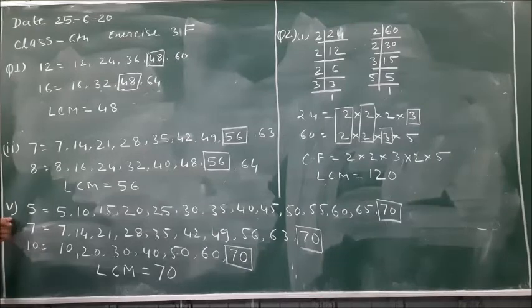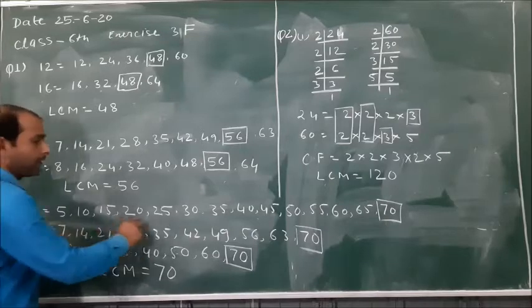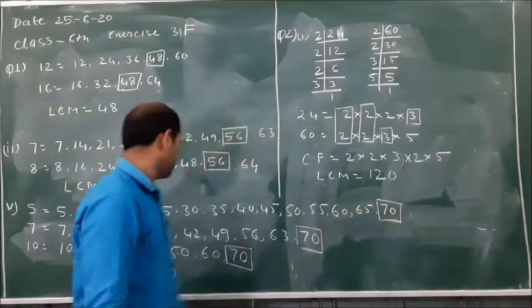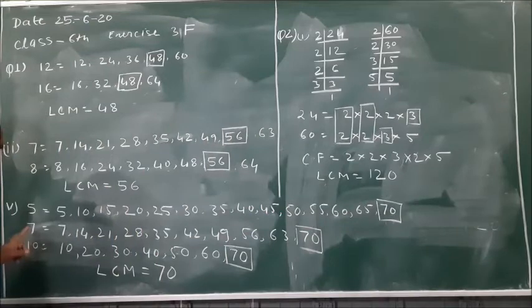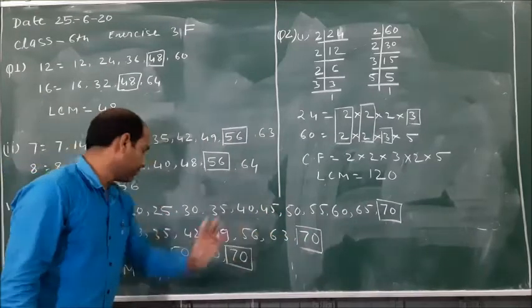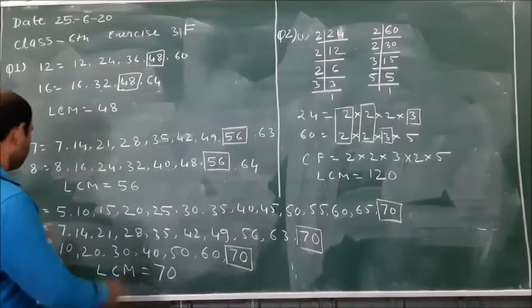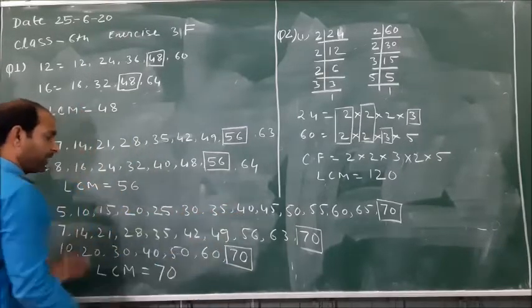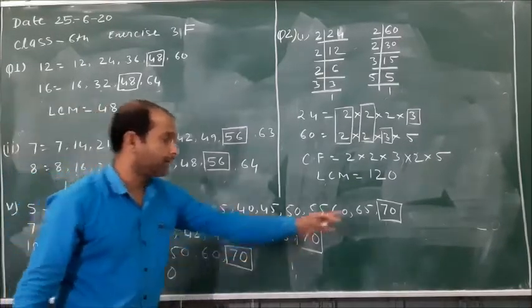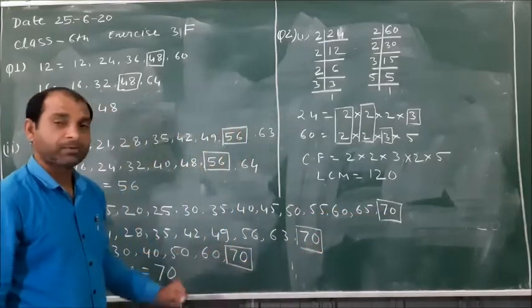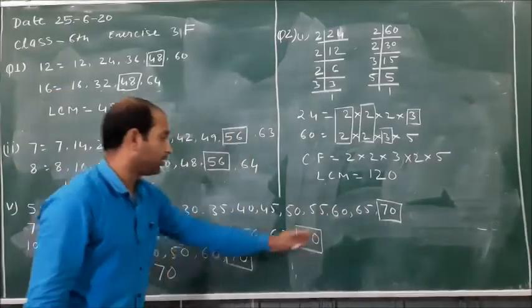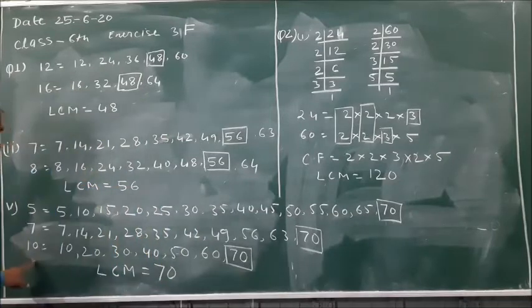Same, question number 5. First 5, 7 and 10. Here the multiples of 5 are here 70. The multiples of 7 are these numbers, and the multiples of 10 these numbers. Here so many numbers we write, but only 70 is the first common factor of 5, 7 and 10.